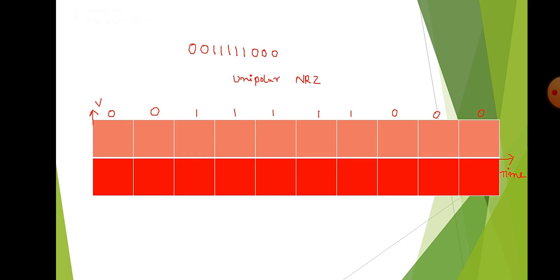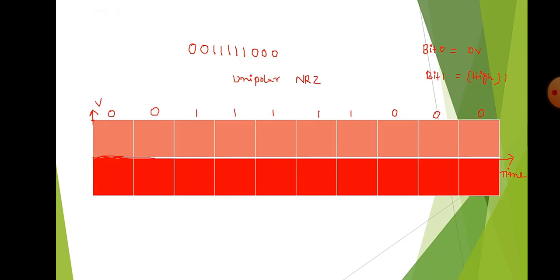In the case of non-return to 0, we can consider bit 0 as 0 voltage itself. Bit 1 will have some magnitude, so that is high or 1. So this is the voltage level I can consider. The first bit is 0. You can represent bit 0 like this.